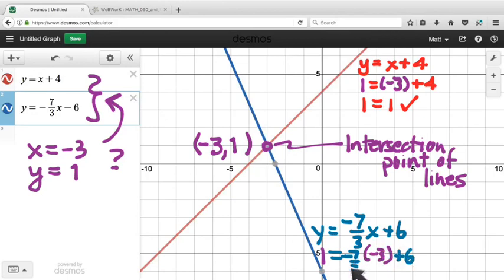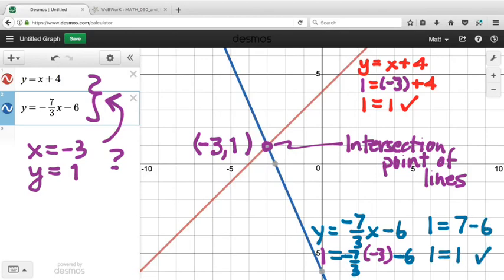That's going to cancel the 3's, give me a positive. Oh, I've made a copy error. Thank you. I need a minus sign here. There we go. Negative 7/3 times negative 3 is going to give me positive 7. 7 minus 6, that's 1.